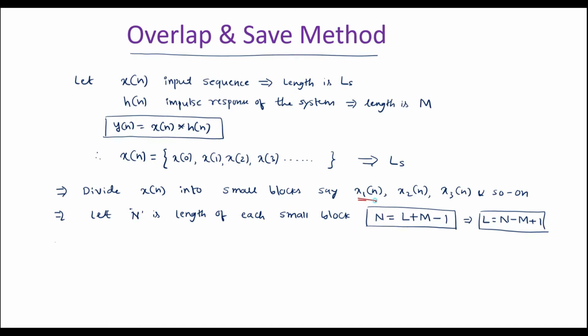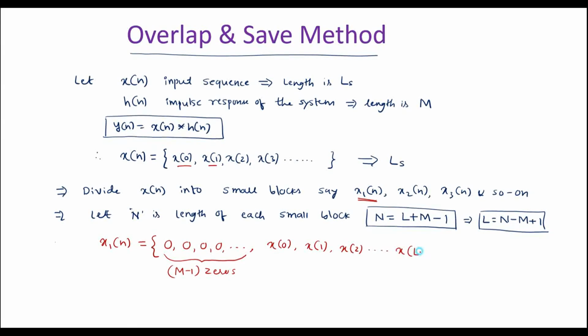I will take the first small block x1 of n. x1 of n begins with zeros, that is, it consists of m minus 1 zeros, and we know that m is nothing but the length of h of n, followed by x of 0, x of 1, x of 2, up to x of L minus 1.